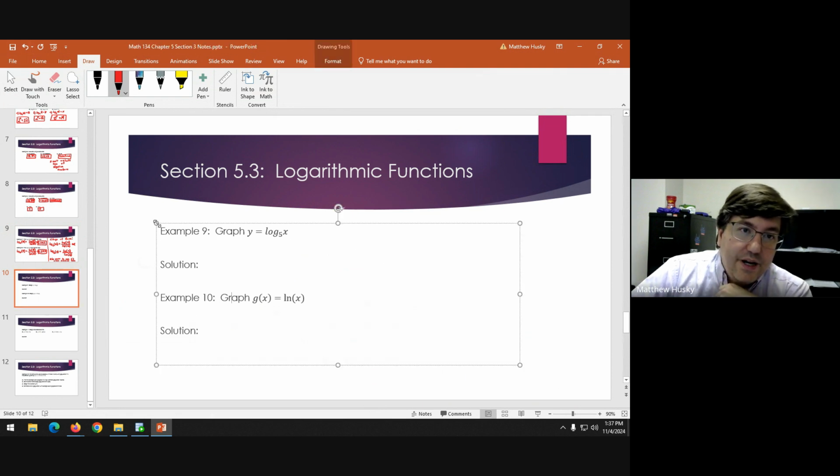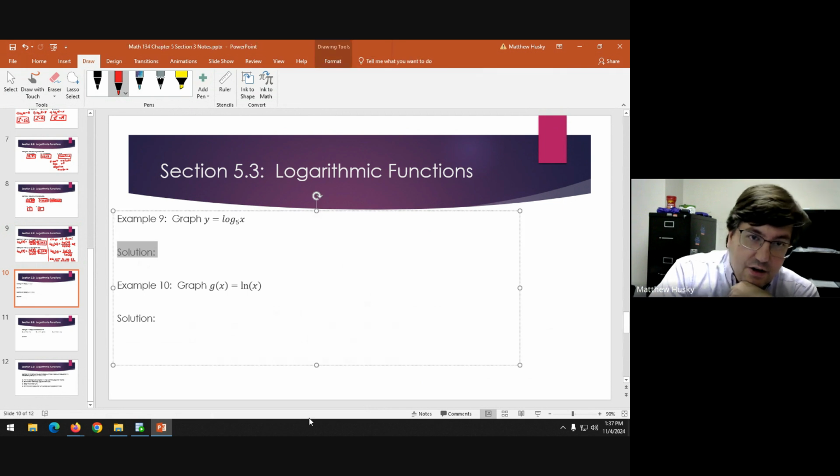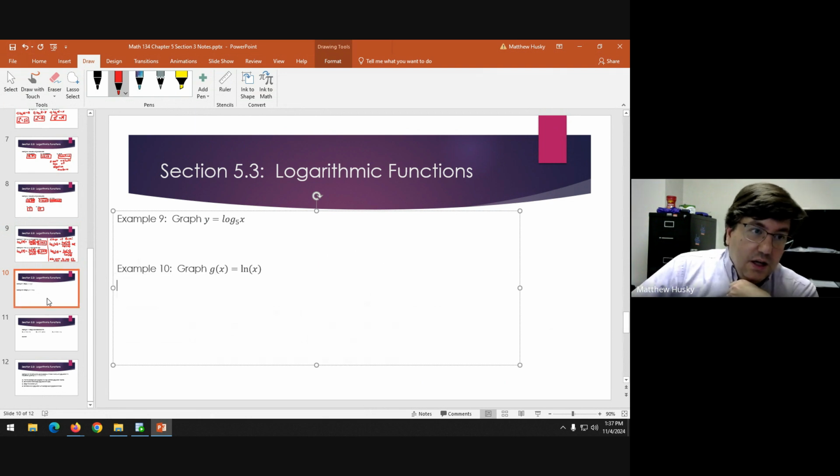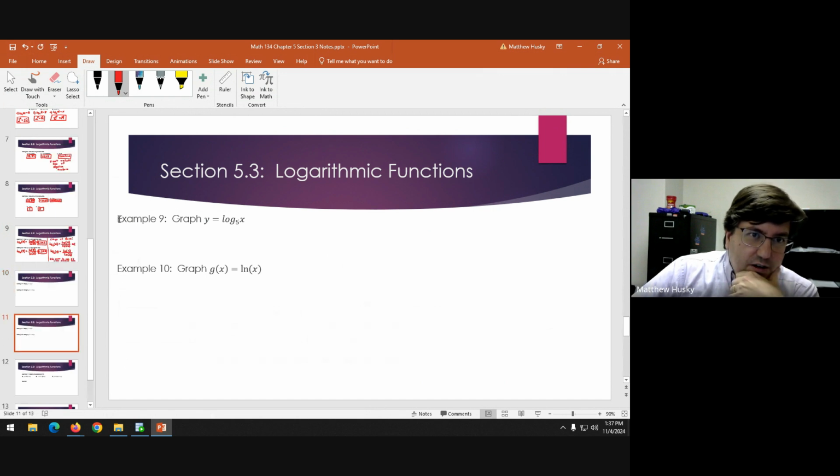Okay, next we are asked to provide graphs of log base 5 of x and also ln of x. Let's do these on 2 separate slides here.